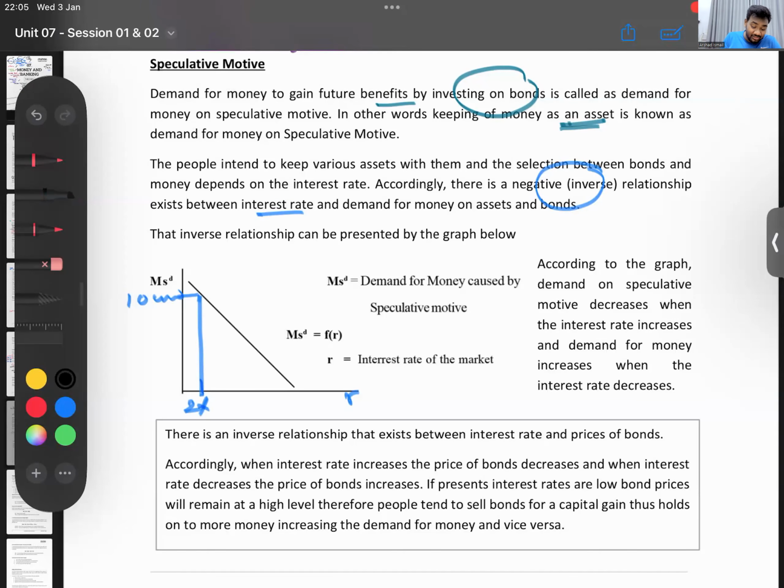Then when interest rates are high, let's say interest rate is 20%, demand for money is low. Correct. So negative relationship between what? Interest rates and demand for money under the speculative motive.